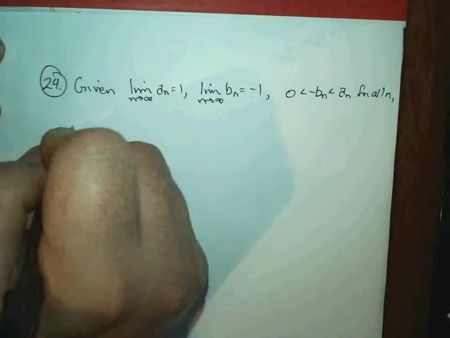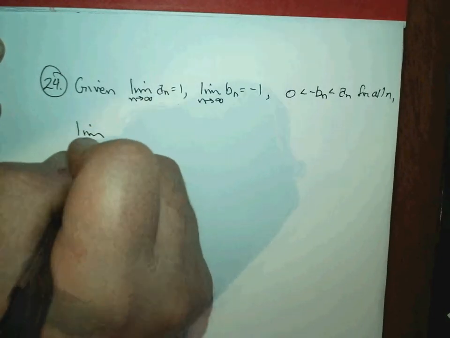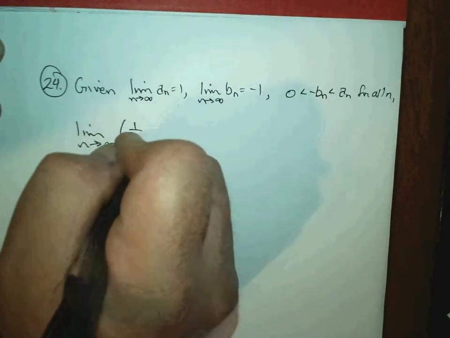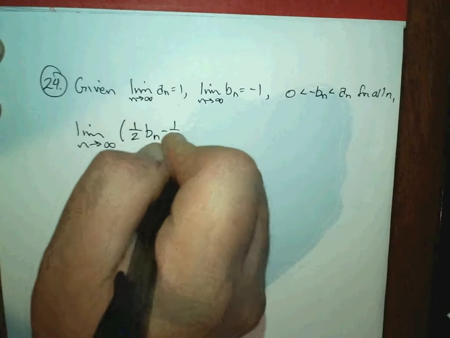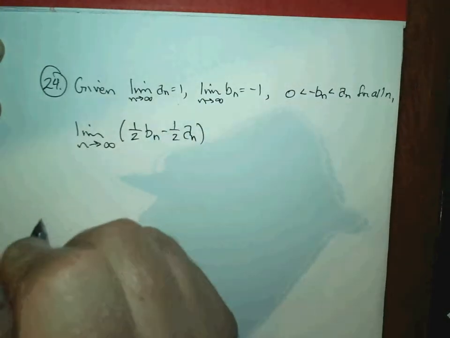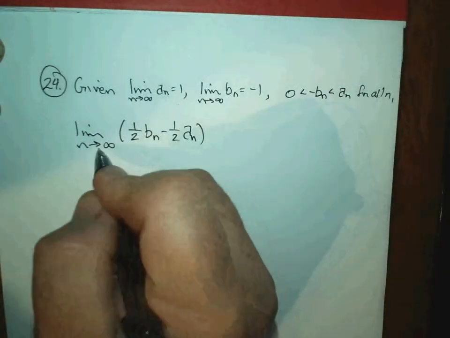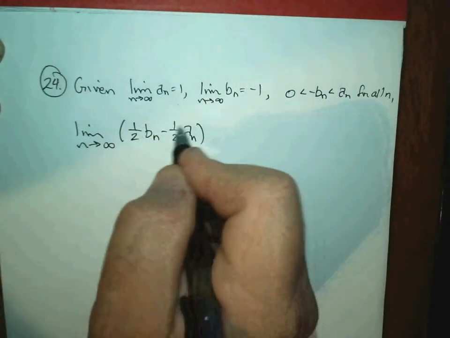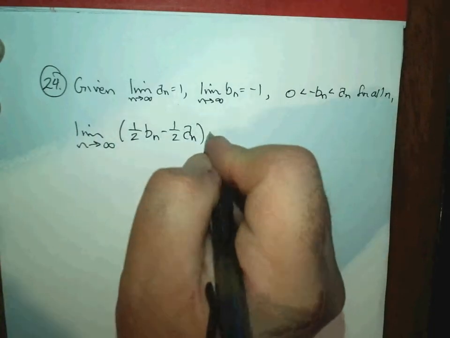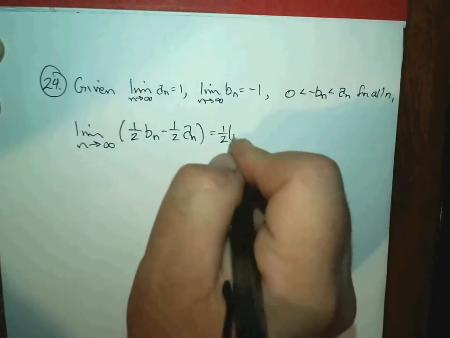Then in 24, what is the limit as n goes to infinity of 1/2 B sub n minus 1/2 A sub n? Well, all you have to do here is say it's the limit of this minus the limit of this and factor out the halves.